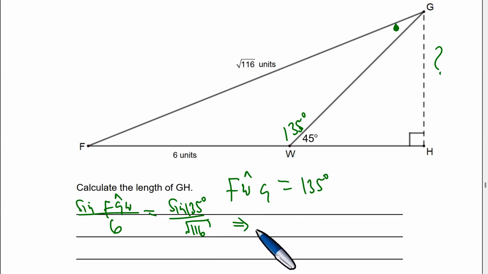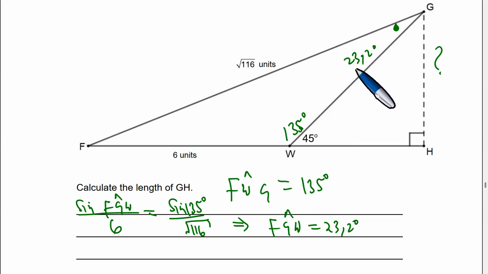You cross multiply and use shift sine, and the angle is going to be 23.2 degrees. So FGW is 23.2 degrees.